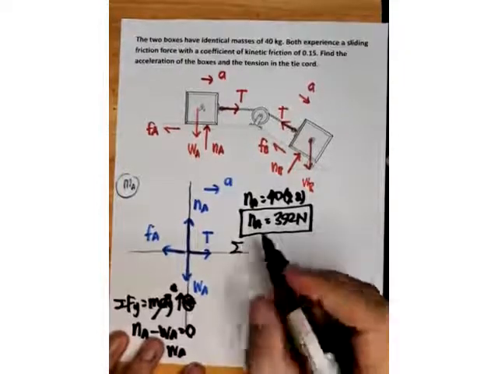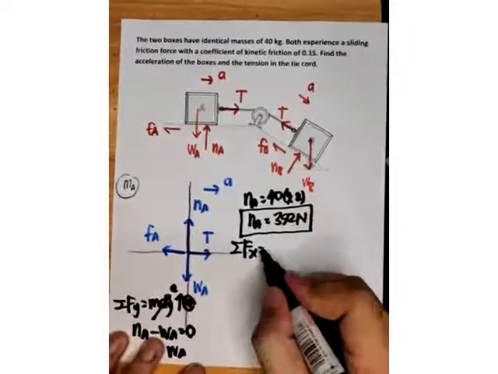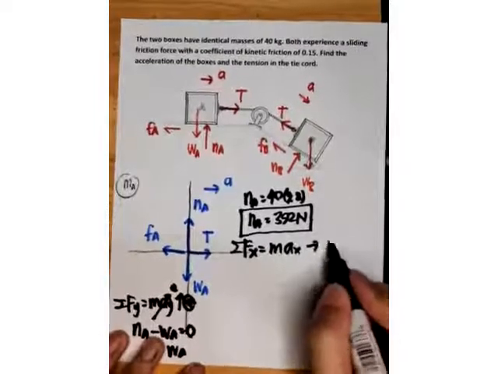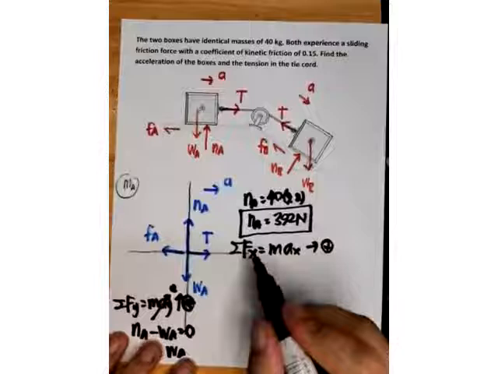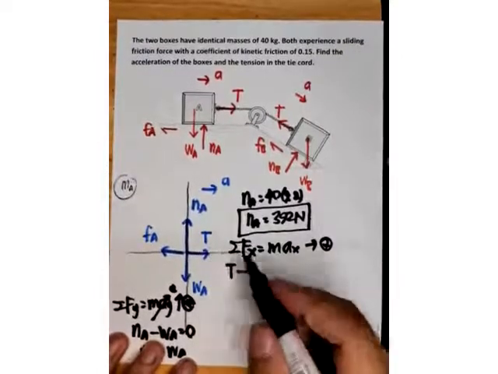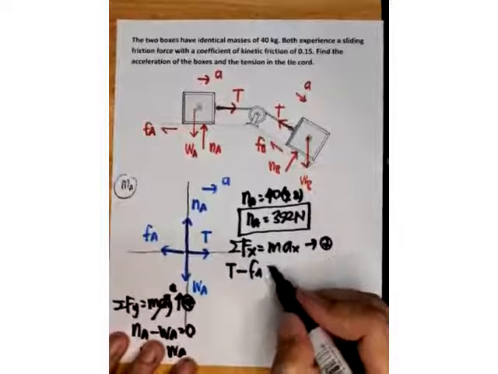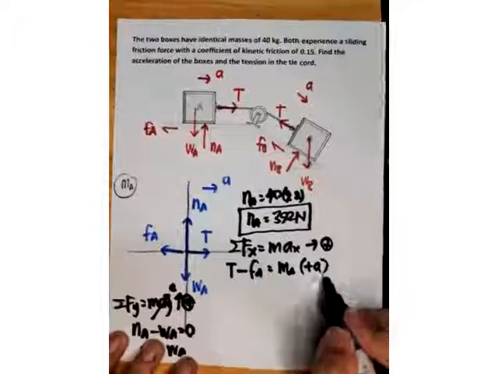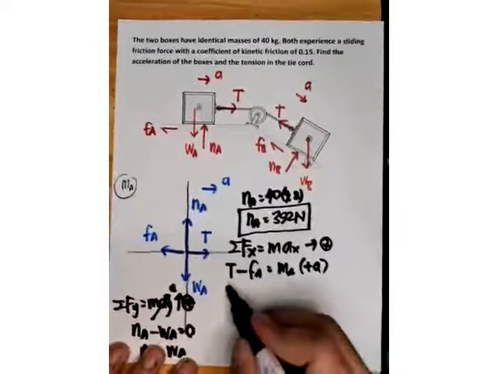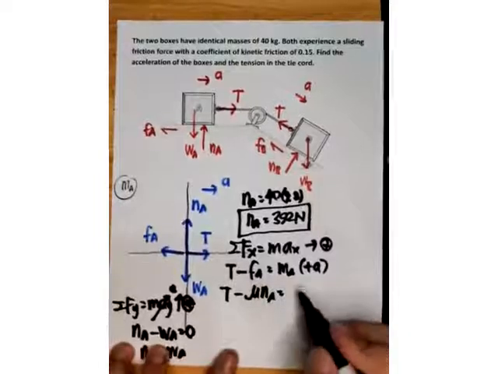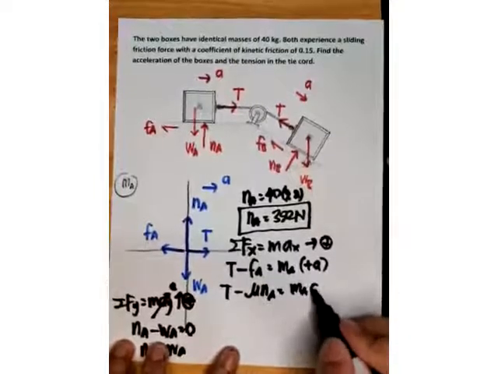Okay. Next, so let's proceed to X. Kung nasan yung ating acceleration. So the summation of forces along X is MAX. Pakanan ay positive. So what are the forces along X? So we have the tension, which is pakanan, minus F of A. That's equal to MA times positive A. Okay, tension minus friction natin is mu NA. So that's equal to MAA.